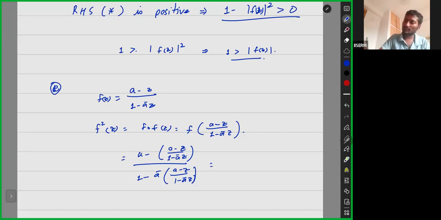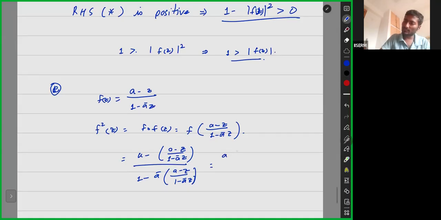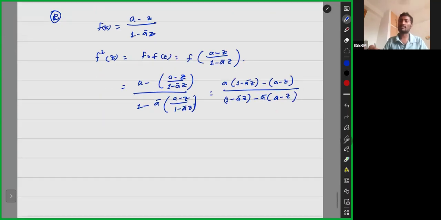We calculate this, what happens? A into (1 minus A bar Z) minus (A minus Z), divided by (1 minus A bar Z) minus A bar (A minus Z). So 1 minus A bar Z cancels in the numerator and denominator.